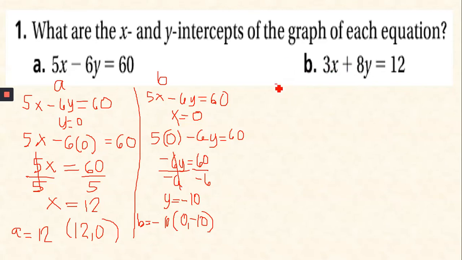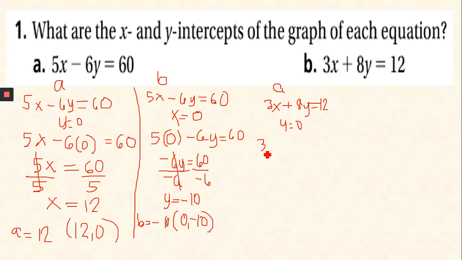Okay, another example we have here. You're going to find for your x-intercept, and that is variable a. 3x plus 8y equals 12. So you have there, if you're looking for your x-intercept, y should be equal to 0. Okay?